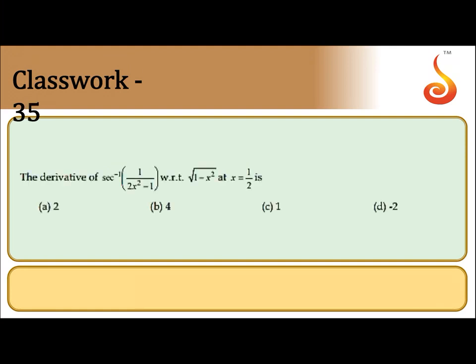Coming to the next one. Derivative of the first function with respect to the second function. Of course, it's simple. I think secant inverse is the reciprocal of cos inverse, so it is 2 cos inverse x with respect to this. So you are given y equal to 2 cos inverse of x and z equal to root of 1 minus x square.